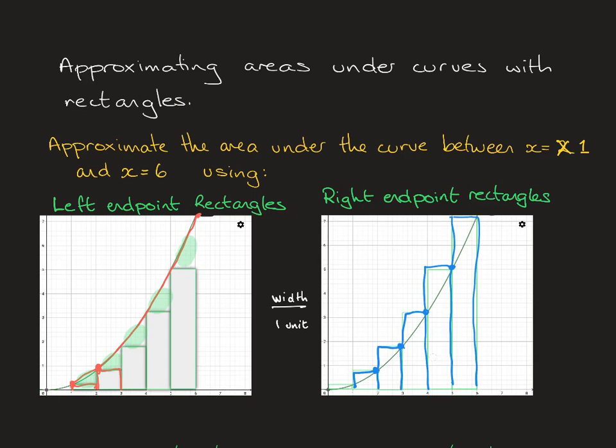On the right hand side, with the right hand rectangles, you can see that each of the rectangles includes a little bit more than we need, so it's going to be an overestimate. You'll also notice that for left rectangles, I used all left rectangles, and for right rectangles I used all right end rectangles. You don't mix them up.